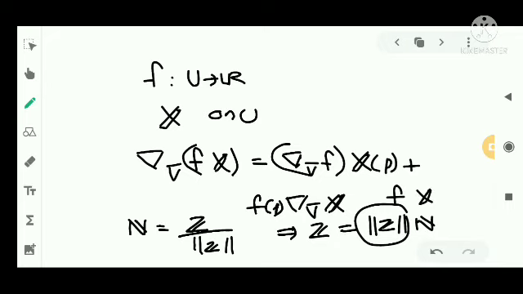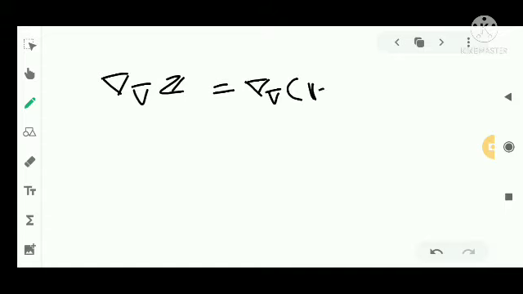So we apply this result using ||Z|| in place of f and N in place of the smooth vector field X. Then we have del_v Z, that is, del_v of ||Z|| N.